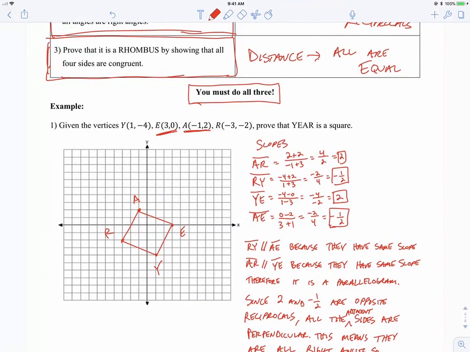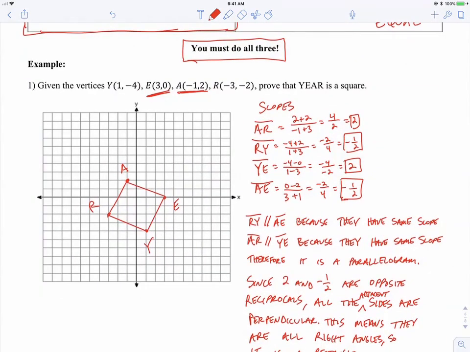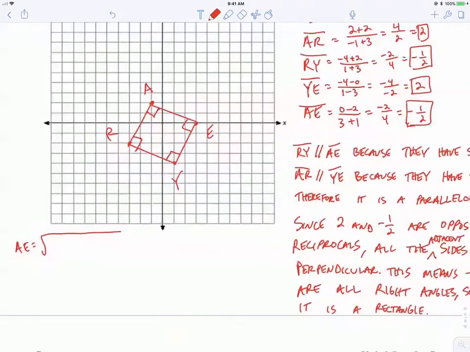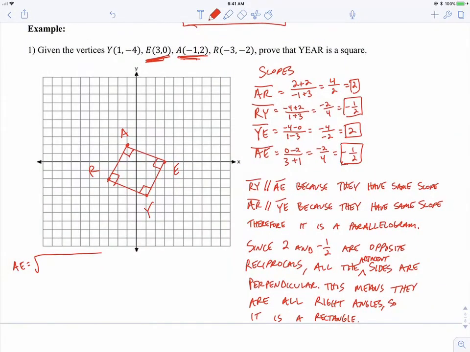Now we've got to show that it's a rhombus. We want to show that all the sides are congruent. We just showed that all the angles are right angles. Now we have to do the distance formula on all the sides. So if we do the distance formula of AE, we're using those 2 points that are underlined, A and E. So it's going to be x minus x plus y minus y.